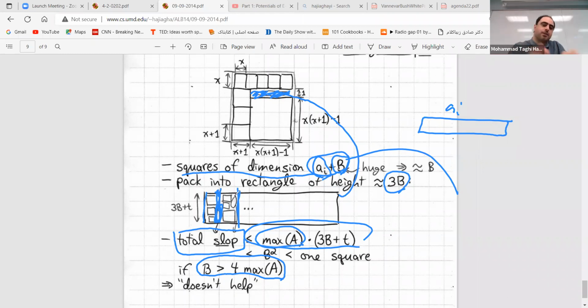These are the general ideas: from these squares, we create this target rectangle, and then we put squares in it such that we can solve the problem. Here we didn't use the rectangle packing result directly, but we used the proof that we have done. The same proof carries on here with some more details.